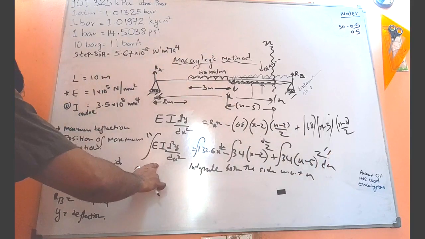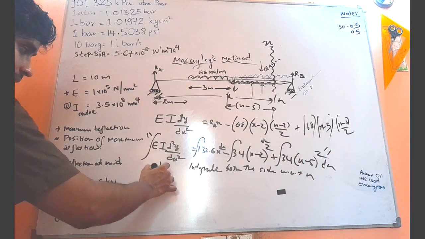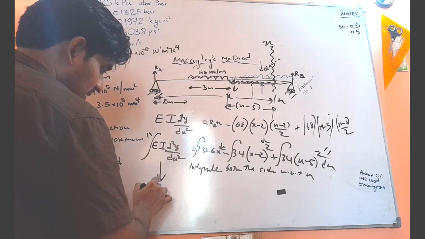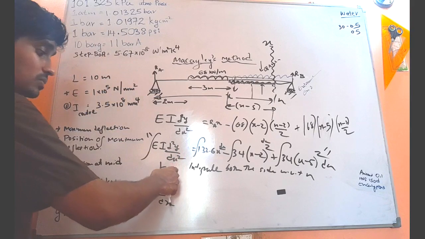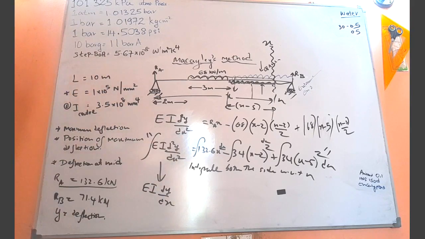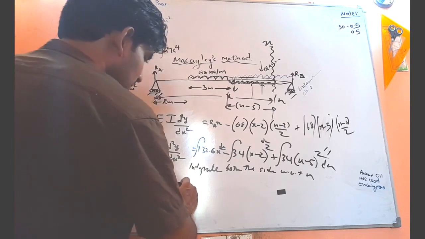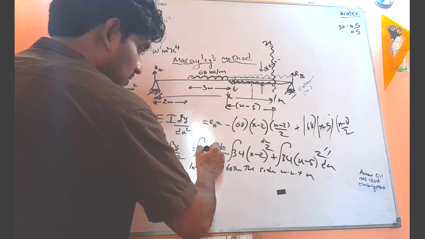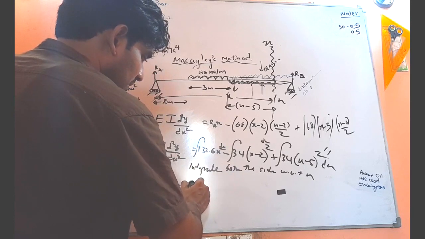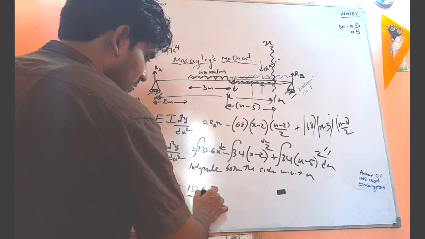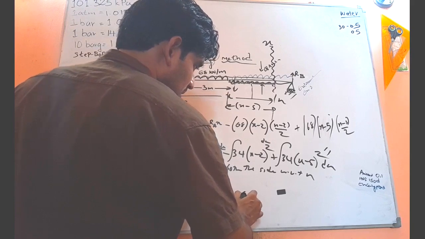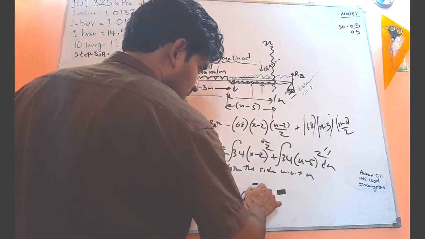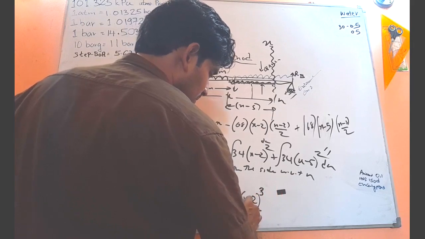So if you integrate this side, you will be having EI dy by dx. If you integrate d2y over dx2, what is the answer that you will be getting? You will be getting dy by dx. So that equals, if you integrate this one, 132.6 x squared divided by 2, minus 34 times x minus 2 to the power 3, because 2 plus 1 is 3, divided by 3.